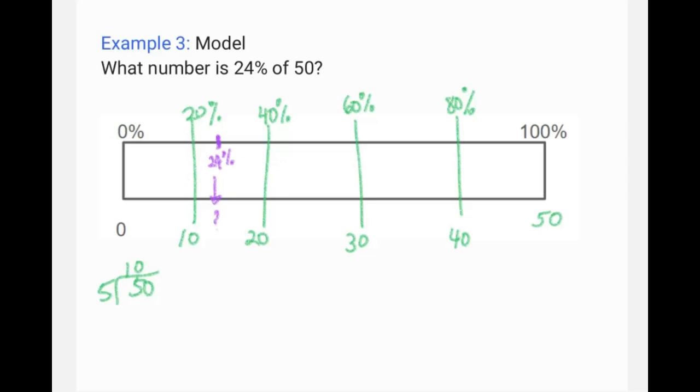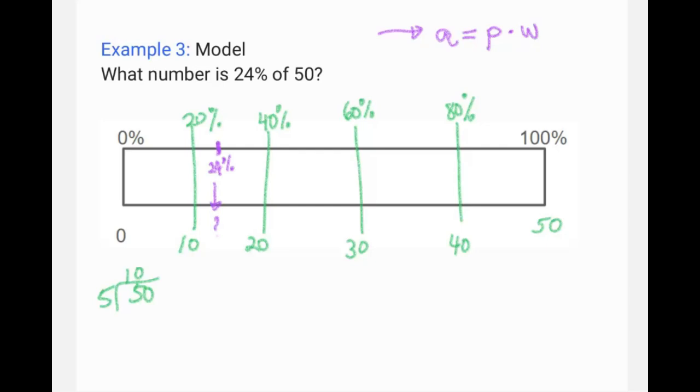The equation is going to look something like this, where we're going to use A is equal to P times W. A represents part of the whole, P represents percent, and W represents the whole. In this case, we're looking for the part, so we're leaving that as A. We have 24%, and we have the whole, which is 50.